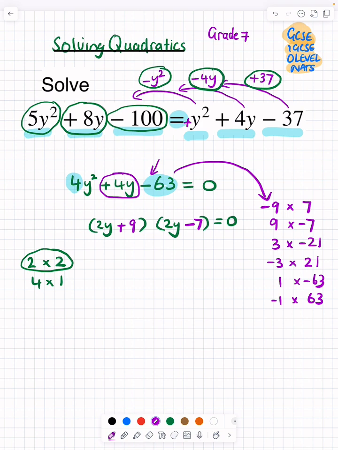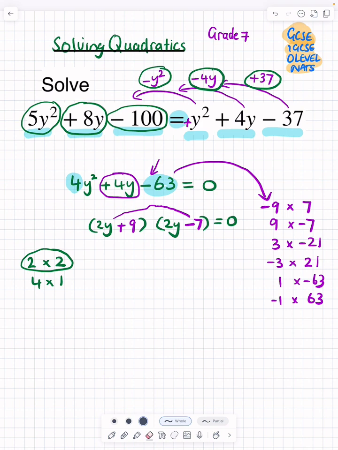So we have 2y times negative 7, that's minus 14y, and 9 times positive 2y, they're both positive, so it will be plus 18y. Now, if we simplify these two, we have a plus 4y. So these are the factors that we are looking for, plus 9 and negative 7. So that works for this equation.